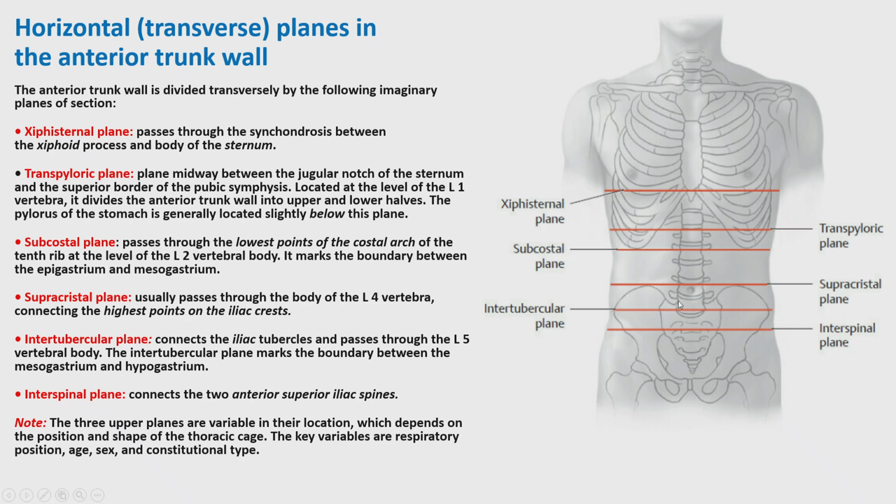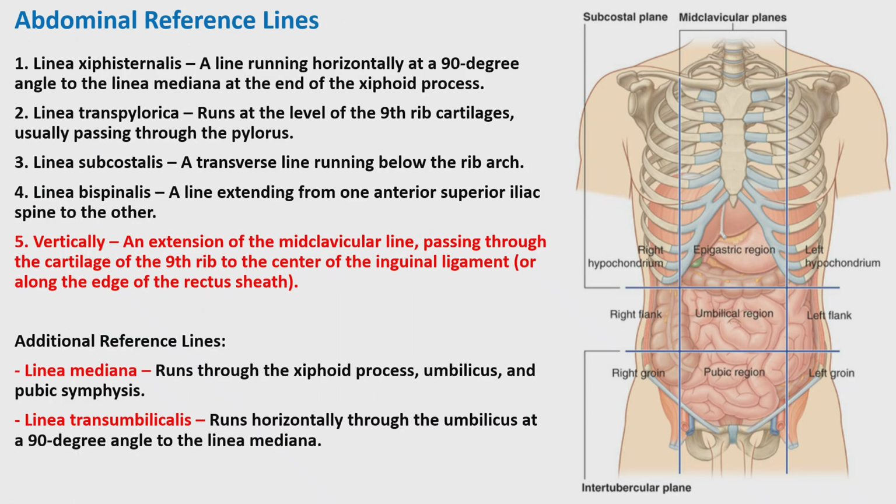The intertubercular line connects the iliac tubercles and passes at the level of L5. These lines are of course variable according to the respiratory position of the diaphragm, age, and sex, so they are not exact landmarks. Those are orientation lines.